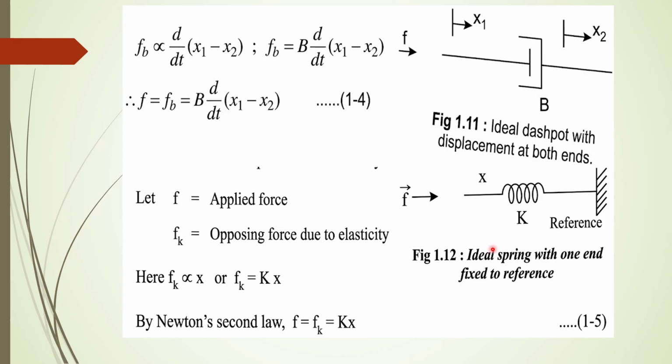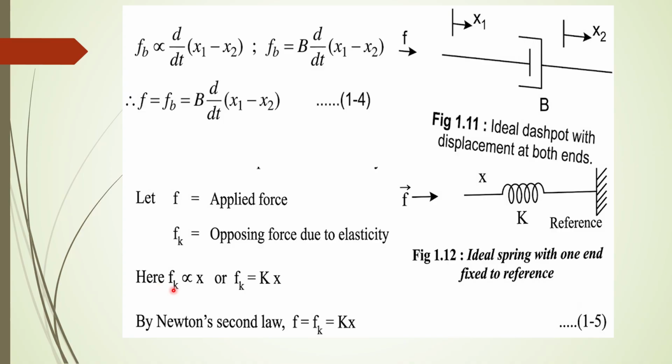Next element, ideal spring with one end fixed to the reference. Again here F is the applied force, x is the displacement, Fk is the opposing force due to elasticity.